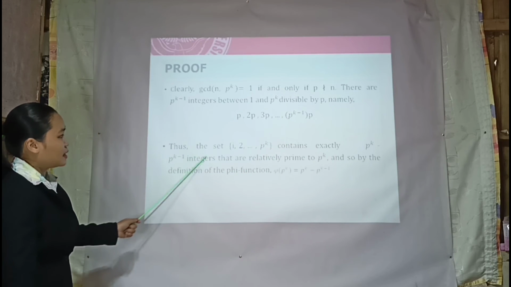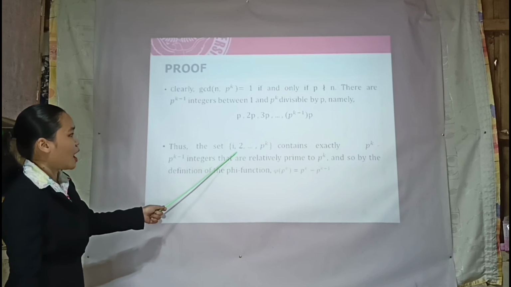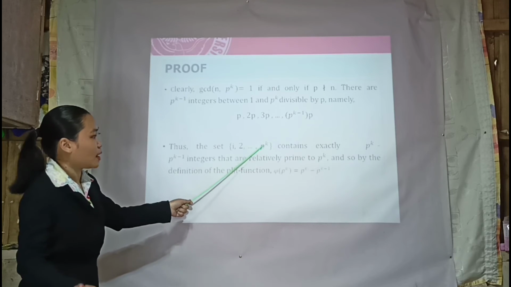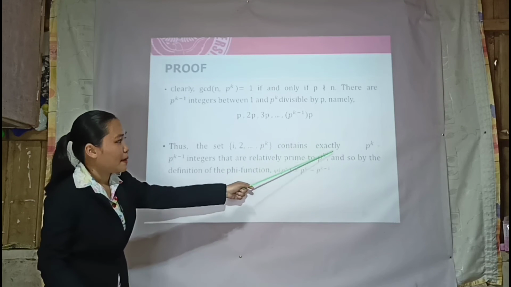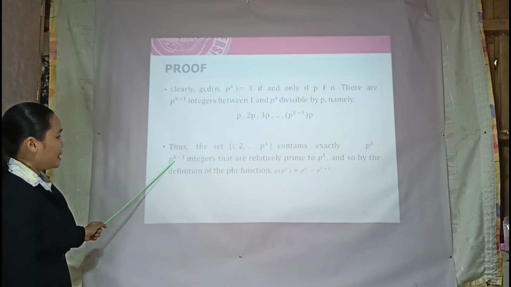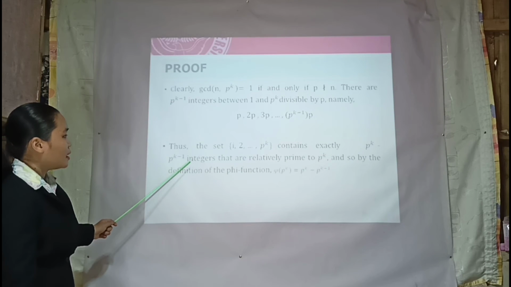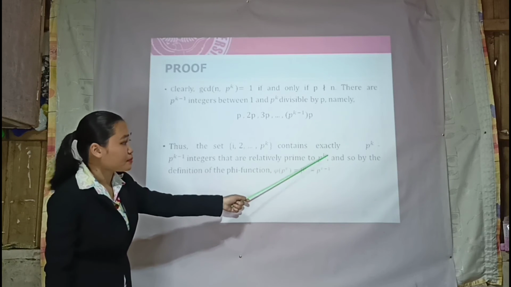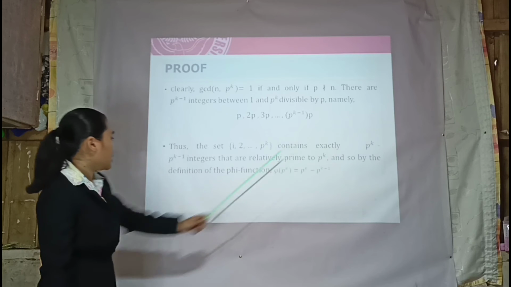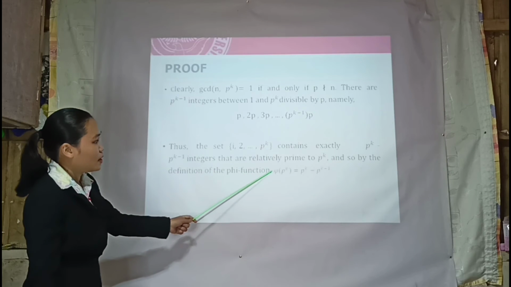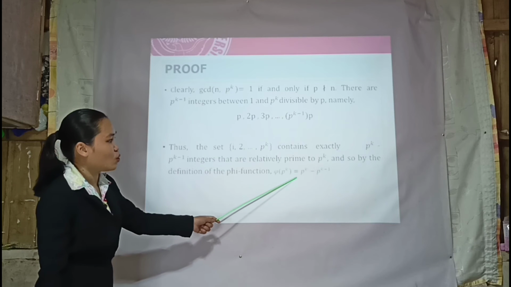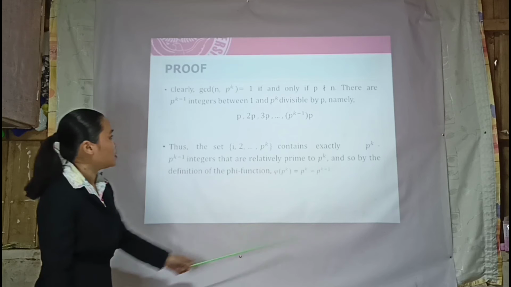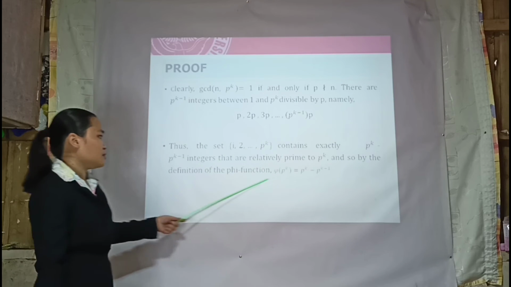Thus, the set 1, 2, until p raised to k contains exactly p raised to k minus p raised to k minus 1 integers that are relatively prime to p raised to k. And so, by the definition of the phi function, phi of p raised to k equals p raised to k minus p raised to k minus 1. So, just remember this formula.